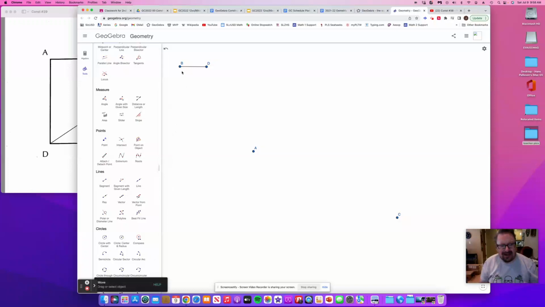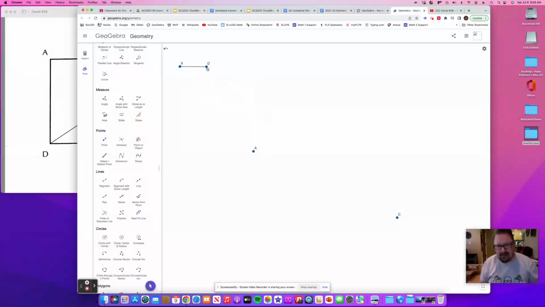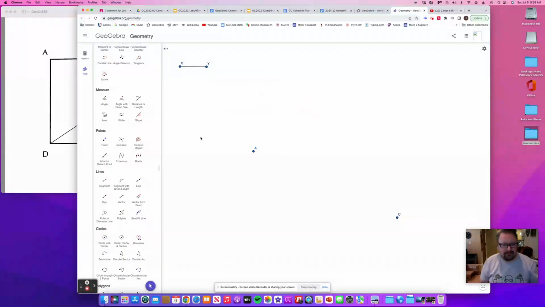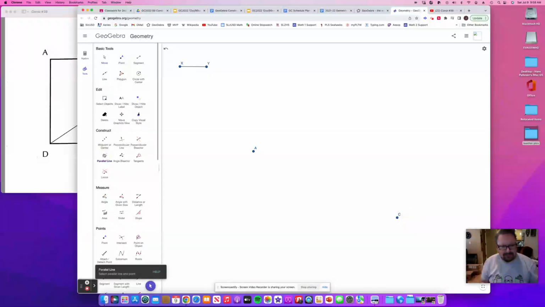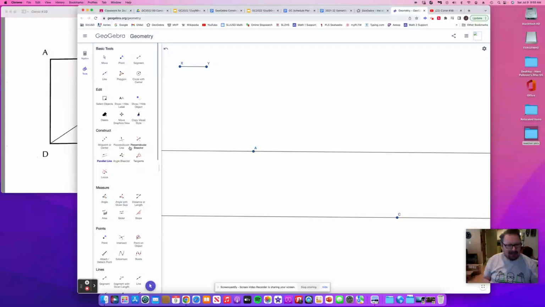We'll call them X and Y. And then we'll use the parallel line tool, and we want to go through A, but parallel to that line, and then parallel to this line, but through C. And then the perpendicular line tool.